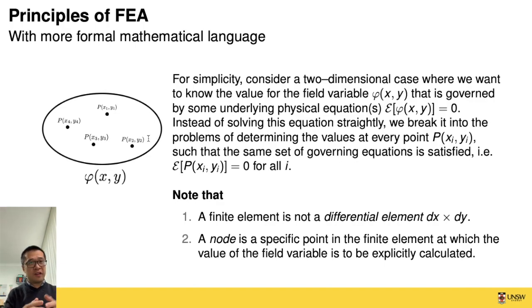Anything two-dimensional will be described by two coordinates, x and y. The field variable in general is something continuous within this boundary in two-dimensional space. Let's just call it phi. Phi is a function of x and y, a function of the position of the point in this coordinate system.